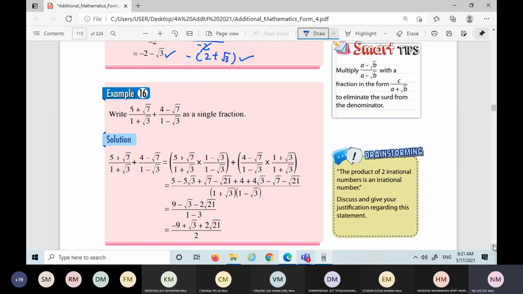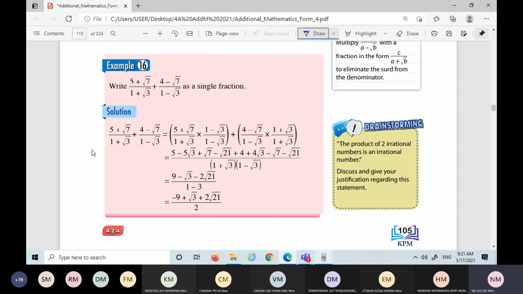Next we go to one more example here. How about this? Write this as a single fraction. If you have two fractions and you want to add them up, you try to make the denominators the same.